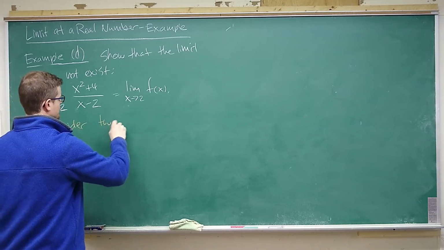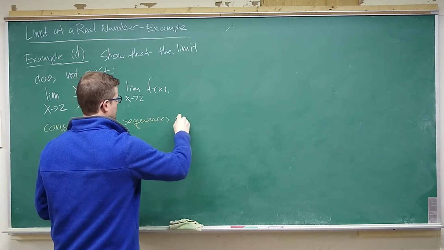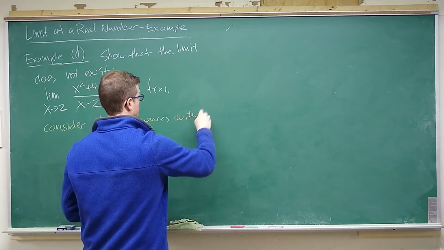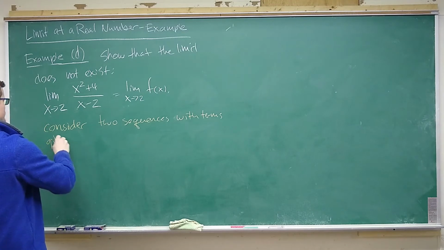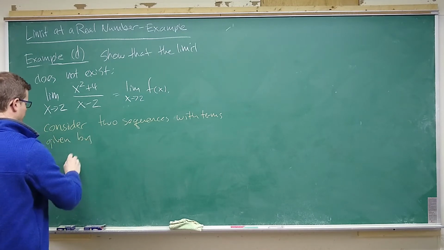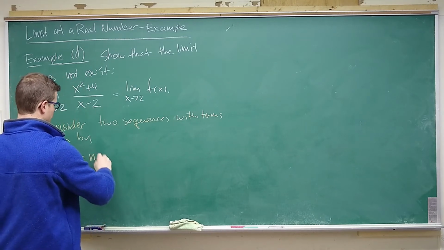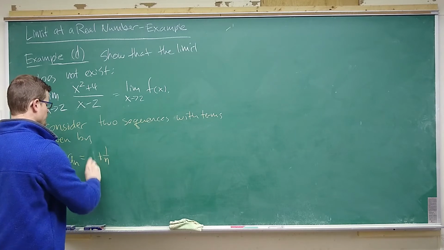So let's consider two sequences with terms given by a sub n. The first sequence is 2 plus 1 over n.